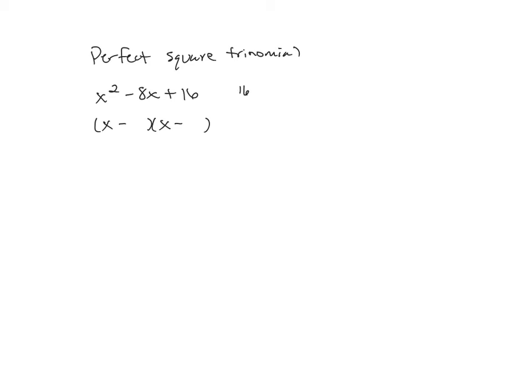If I'm looking at 16, 16 times 1, that doesn't work. 8 times 2, that doesn't add up to 8. 4 times 4, that adds up to 8. And so we end up with the same thing in the parentheses. When that happens, you need to write the answer squared.